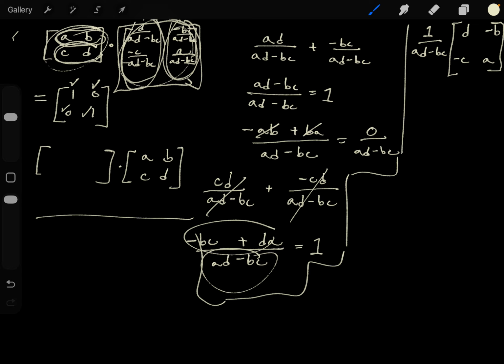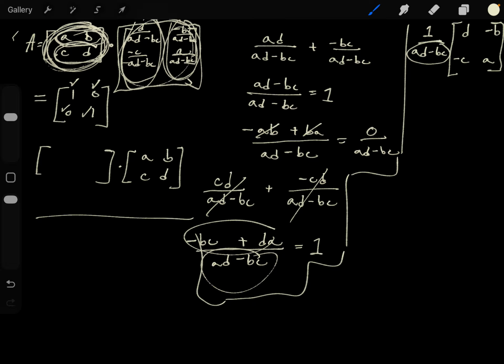Now, when does this matrix, let's call it capital A, whatever, when does this matrix not have an inverse? Well, it doesn't have an inverse if you're dividing by 0 here. And that's a statement for all the invertible 2x2 matrices.